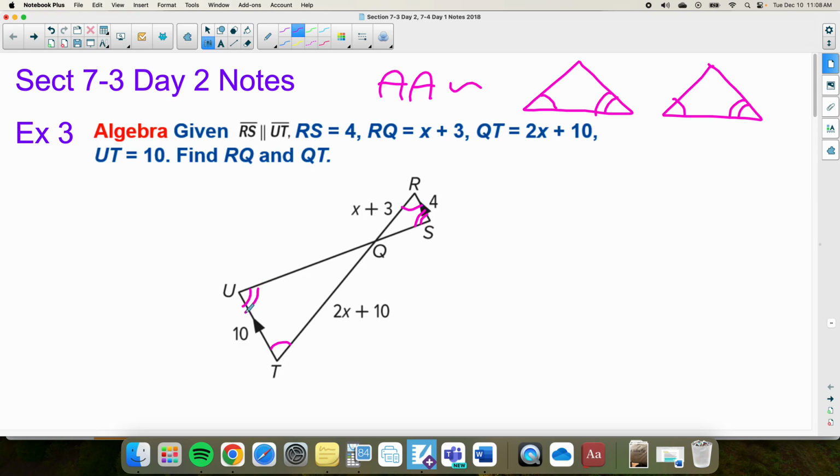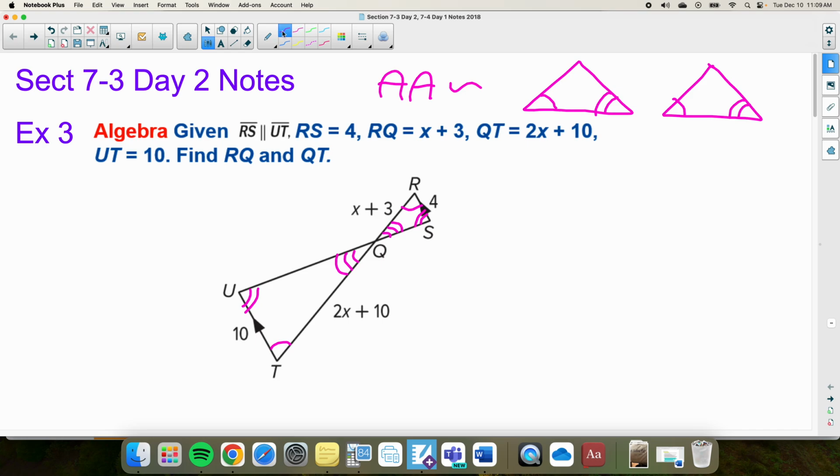And don't we really know that these 2 are congruent too because they're vertical, right? In this one, it just asks us to find RQ and QT, so we don't have to do that similarity statement. We are gonna have to find X, and then we're gonna have to find RQ and QT, okay? So let's go ahead and try that.